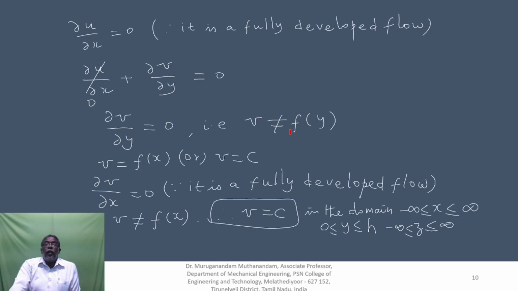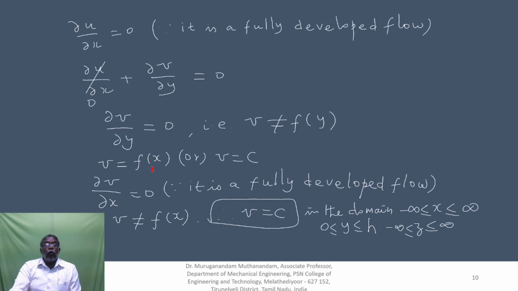The function will be a function of a variable other than y. That is, the function v may be a function of x. Of course, it cannot be a function of z because we have already seen that the flow is in the xy plane. There is no flow along the z direction because of the infinite boundary conditions. Length of the plate is infinite, width of the plate is infinite.